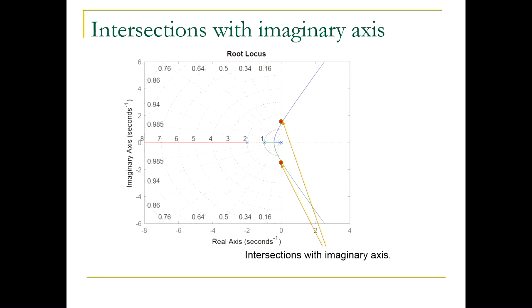So determining exactly where these intersections with the imaginary axis are is very important. And also determining the value of the gain k at which this happens is also very important. So this is another feature of root locus, and we will learn how to find these intersections of branches of root locus with the imaginary axis.